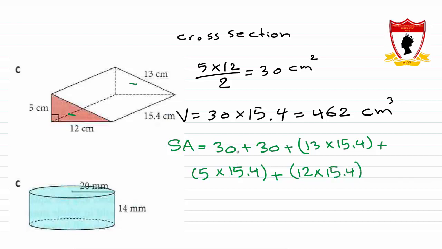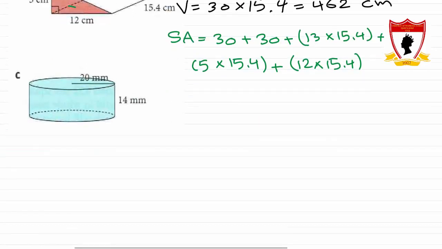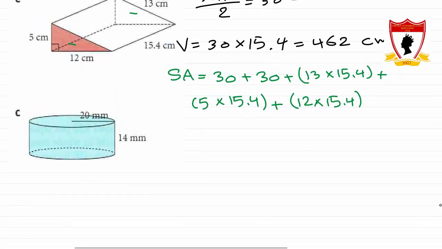Using a calculator, add all of these numbers together, that gives you the total surface area. For cylinder, again we follow the same procedure.